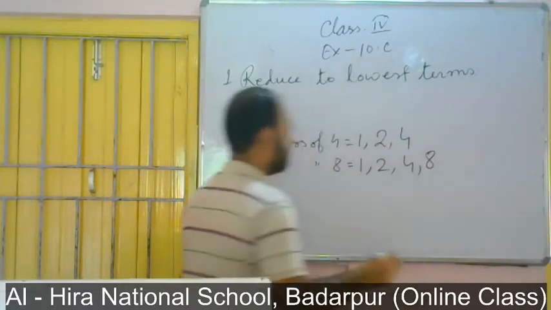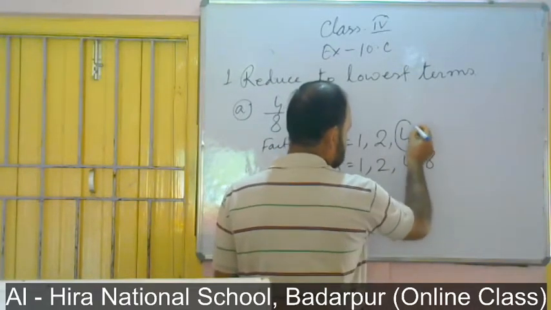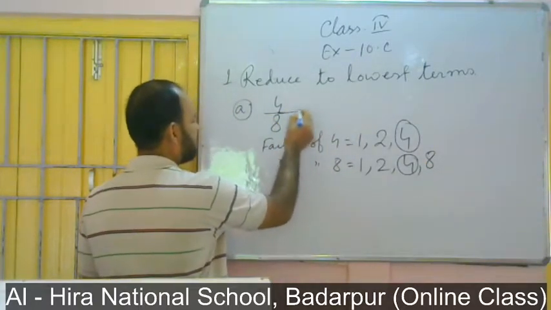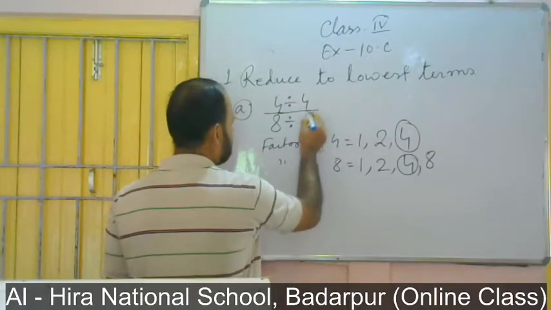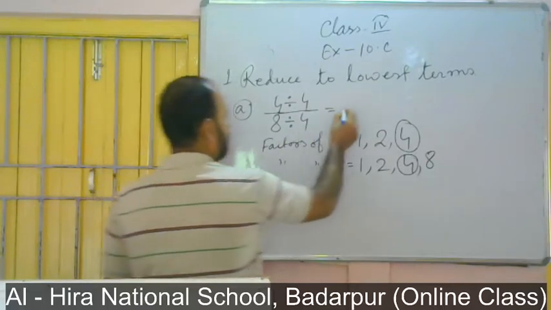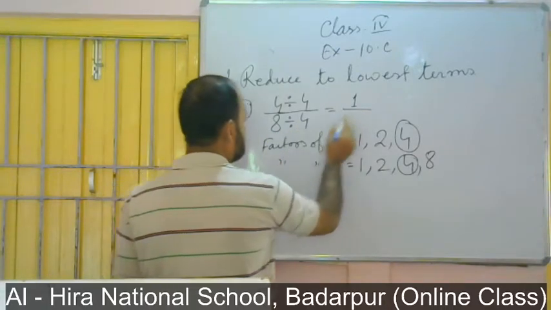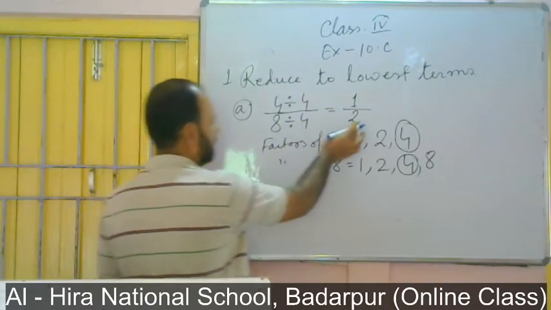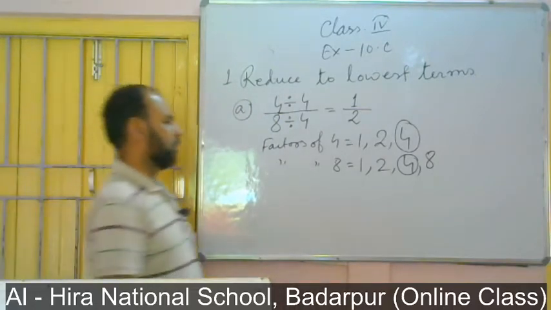So the largest common factor is 4. If we divide both numerator and denominator by 4, we get the lowest terms. 4 divided by 4 is 1, and 8 divided by 4 is 2, since 4 twos are 8. So the lowest term is 1 by 2.